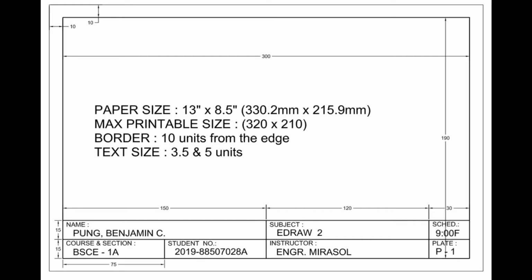Also, our title block is 15 mm high, and 75 mm from the sides. The divisions are 75 mm, 150 mm, 120 mm and 30 mm. So familiarize yourself with the appearance of this border so that we can draw our plate number 1.